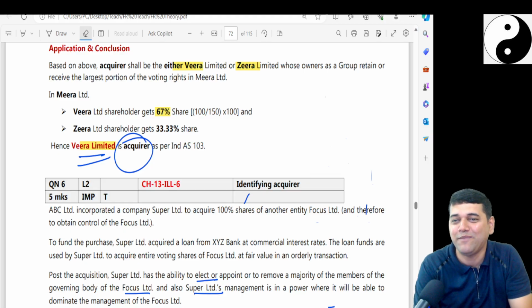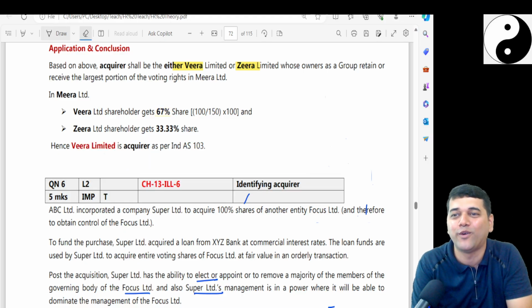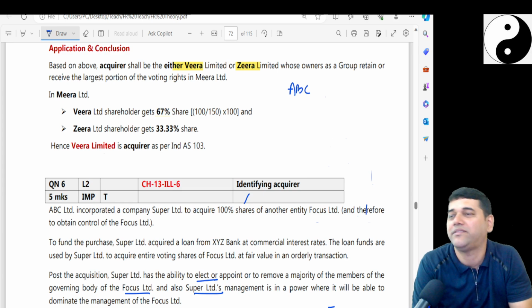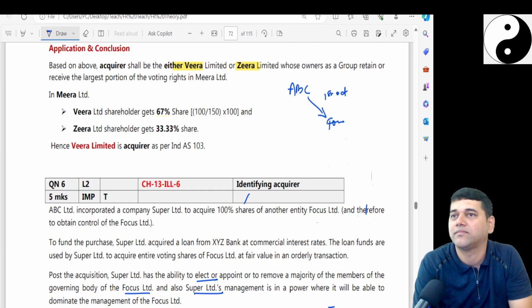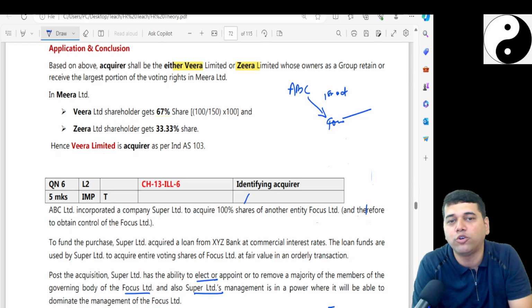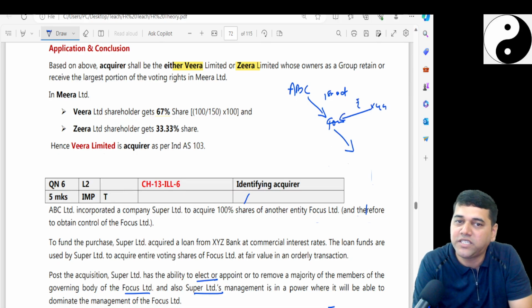Okay, so you have to tell me how things will move on now. You have ABC. ABC set up Focus on 1st of October. It took a bank loan from XYZ and set up Super on, say, 5th of October.